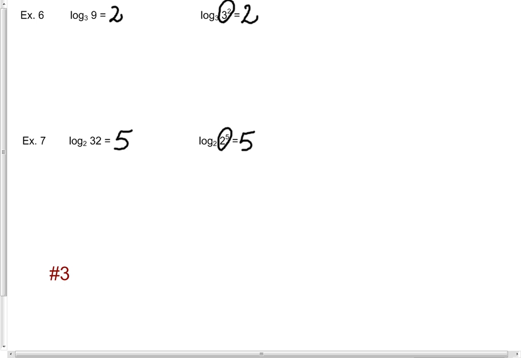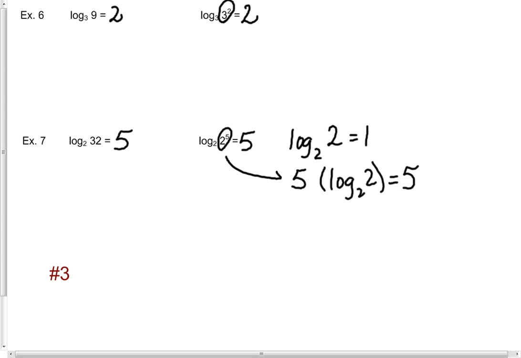Note that log base 2 of the number 2 is a 1. So if I have 5 times log base 2 of 2, I get the number 5. So these two seem to be the same thing.